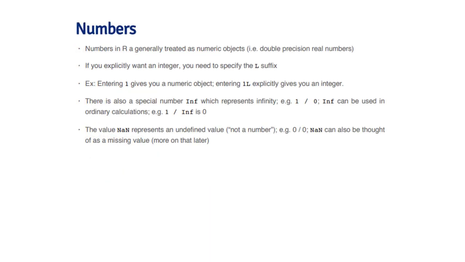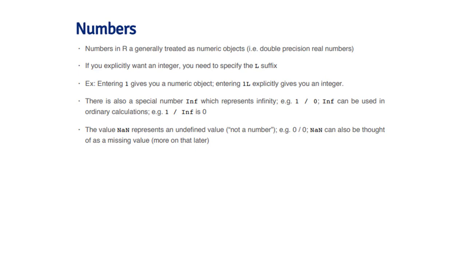Perhaps the most important type of object in R, of course, is the number. Numbers in R are generally treated as what are called numeric objects. Pretty much all numbers are treated as double precision real numbers. So even if you are looking at a number like 1 or 2, think of those numbers as numeric objects.